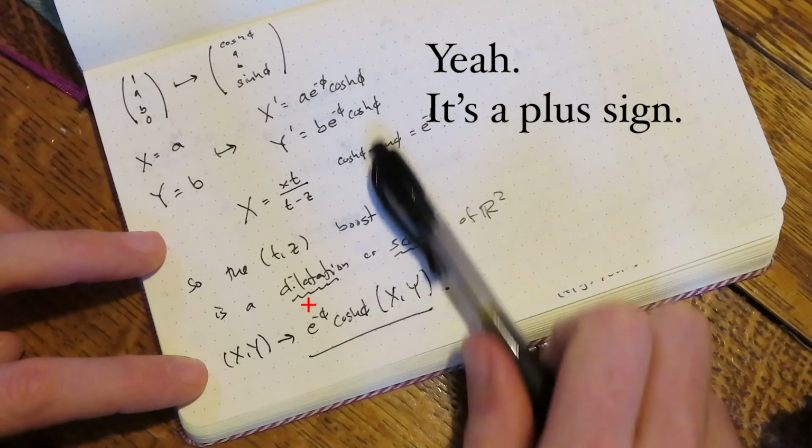Now, I've got to make sure that that plus sign is right. You see the point: x and y map to x and y times a parameterized constant. So what we've found is that the boost in the hidden directions, this t with z, gives us, from the plane perspective, the conformal transformation associated to dilatations or scaling. Cool. Okay, so that's two transformations down.